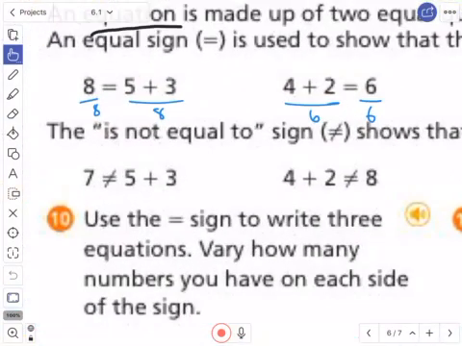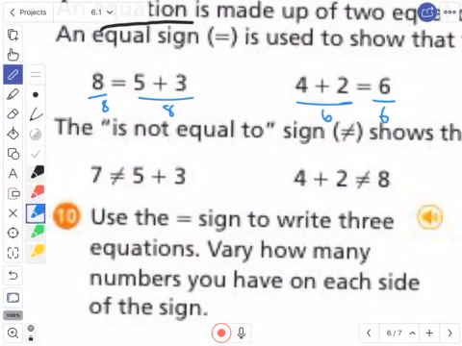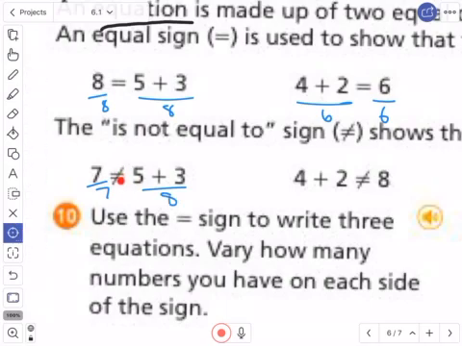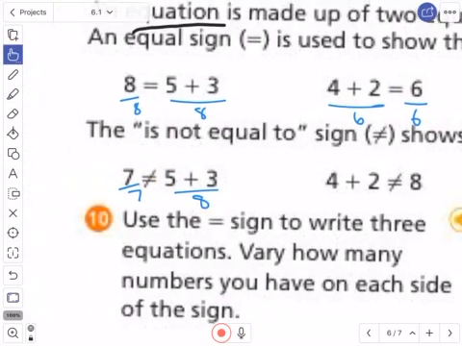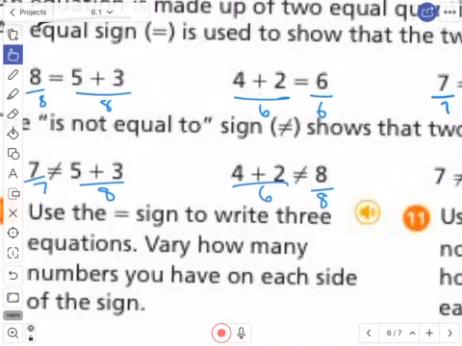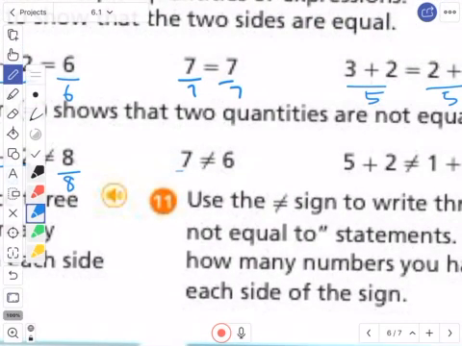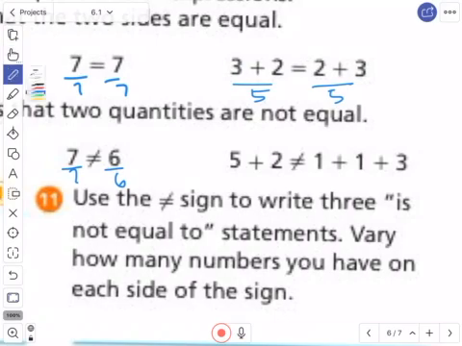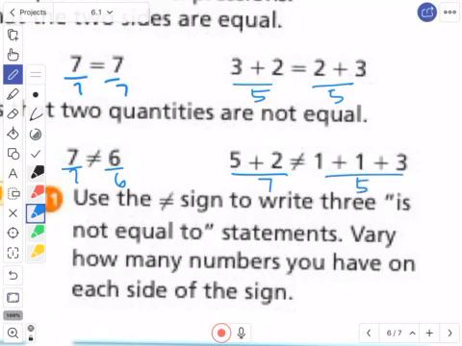But here, 7 equals 7. 5 plus 3 equals 8. Oh yeah, does not equal. 4 plus 2 is 6, and 8 is 8, so does not equal. For sure, 7 does not equal 6. And here, 5 plus 2 is 7, and 1 plus 1 plus that equals 5. Yep, does not equal.